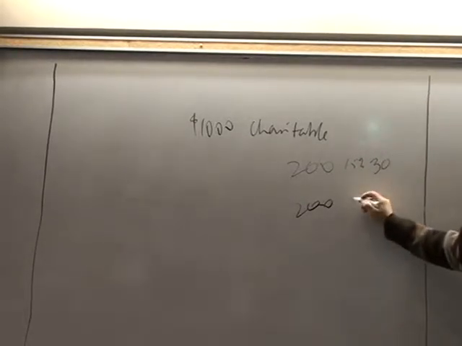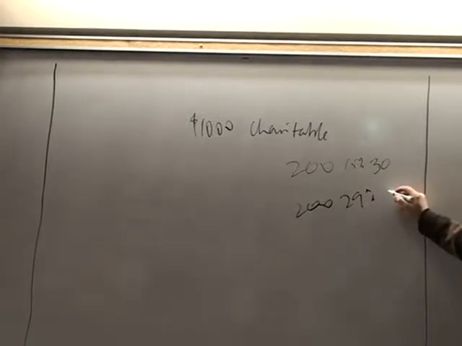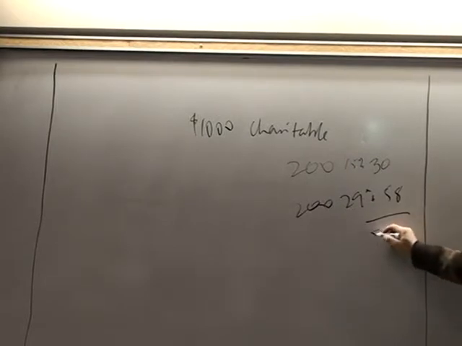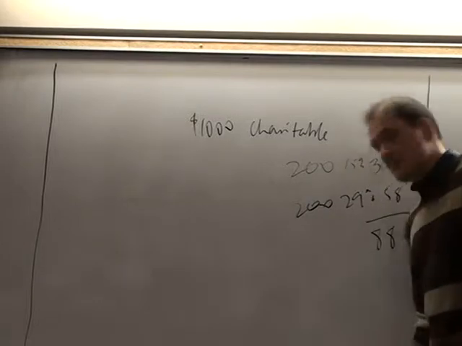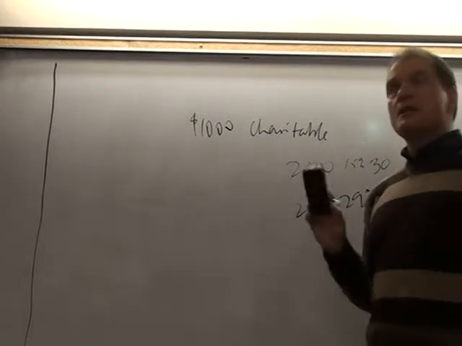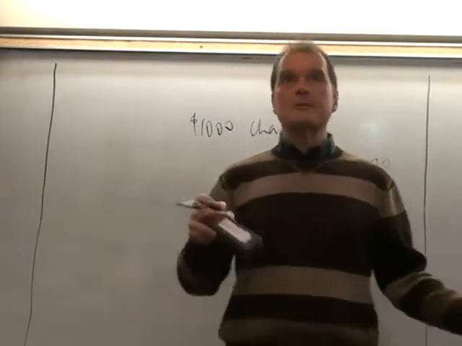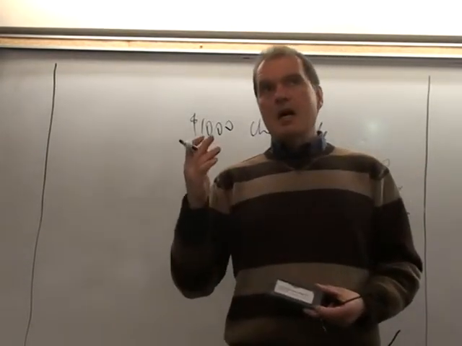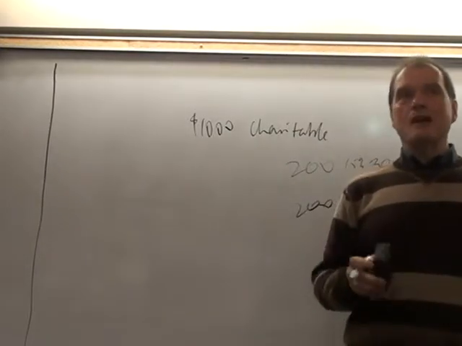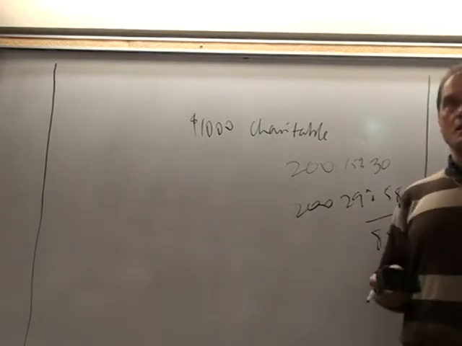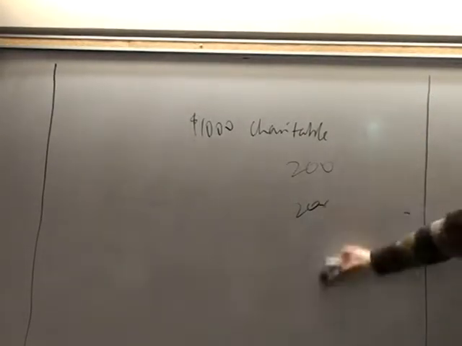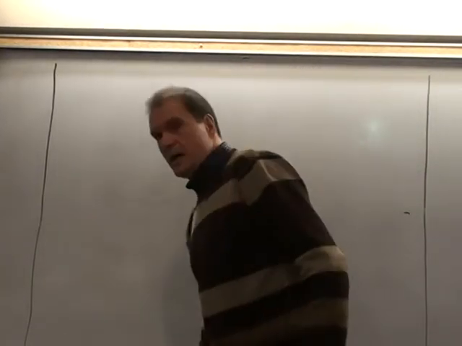So the second $200 is at 29%, that's like $58, for a total of $88 as opposed to $60. And either spouse can claim them. It doesn't have to be the lower income spouse or the higher income spouse. At home at our place, whoever has the largest balance payable to CRA gets all of the donation credit.